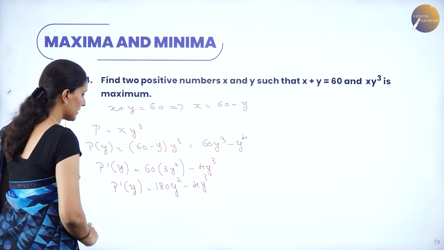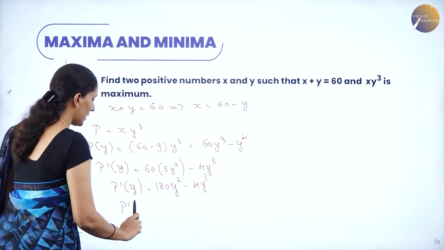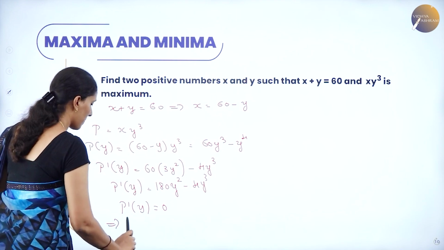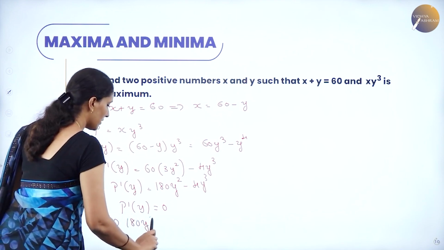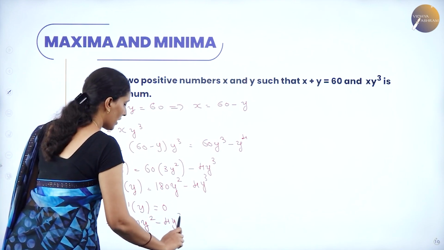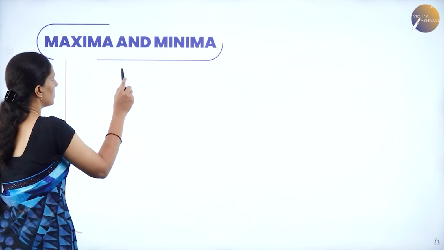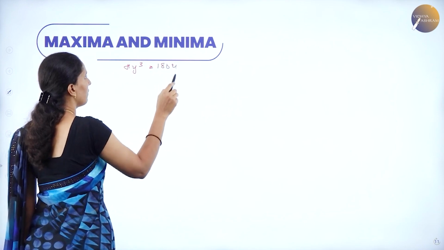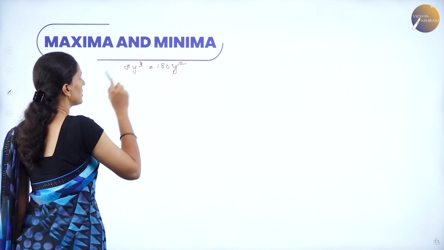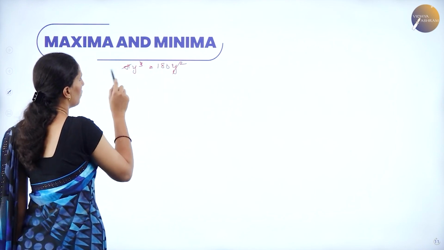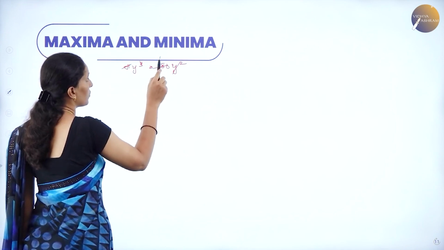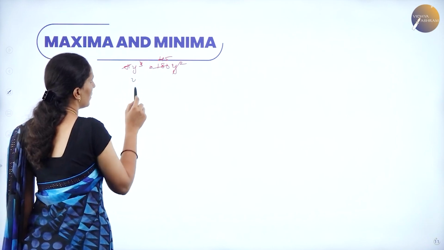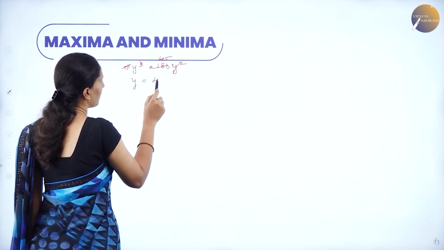Put this as 0. So, P dash of y is equal to 0. This implies 180 y square minus 4y cube is equal to 0. So, we get 4y cube is equal to 180 y square. Cancel this. So, I will get y is equal to 45.